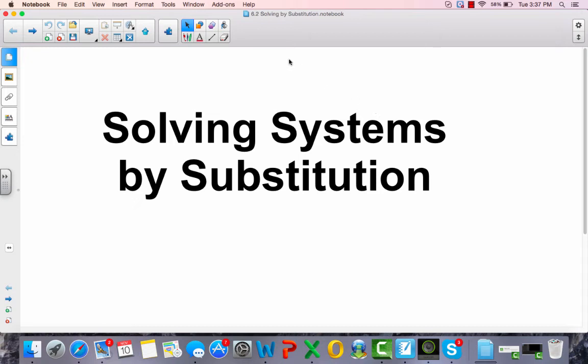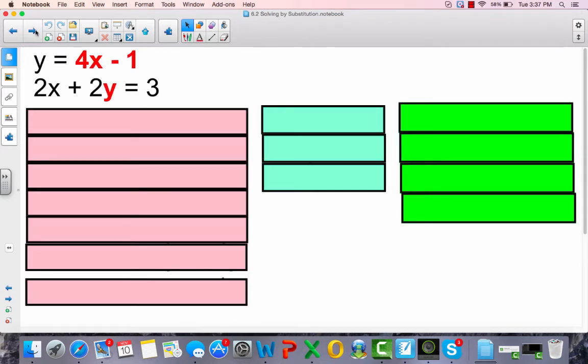Okay, we're going to be solving systems of equations by substitution. One of the things you might remember is, let me mark this up for you, we might have y equals 3x. If I tell you that x is equal to 2 and ask you what y is, you take 2, which is what x is, and plug it in for the x here.